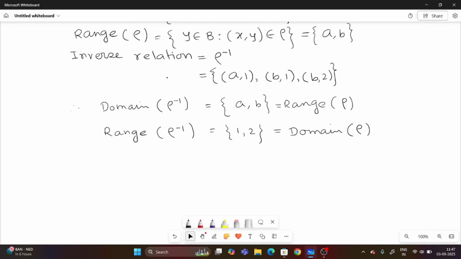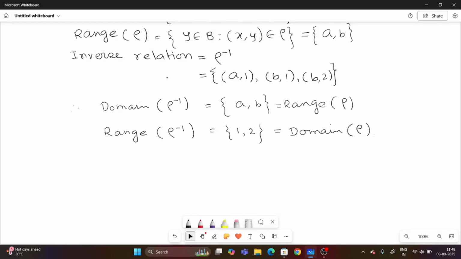The total number of elements of the Cartesian product A cross B can be obtained by multiplying the number of elements in A and the number of elements in B. What is a binary relation? A binary relation between two non-empty sets A and B is any subset of A cross B.